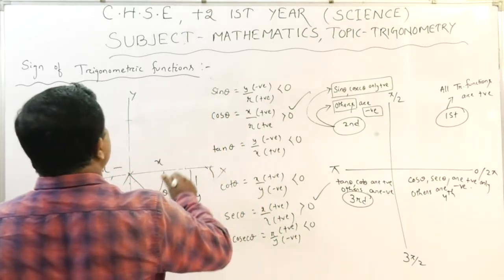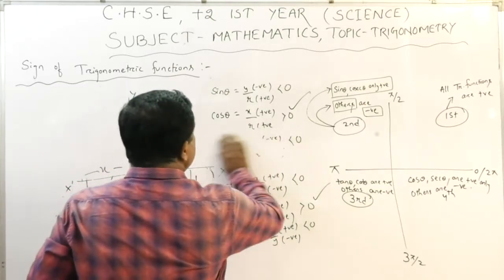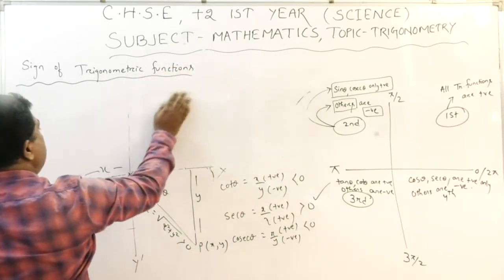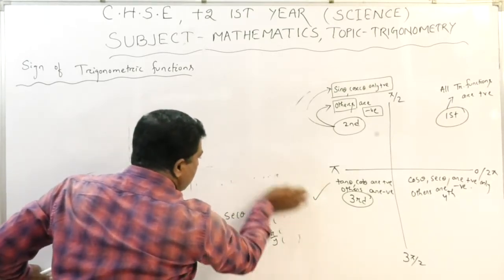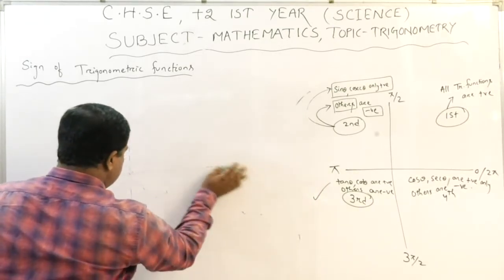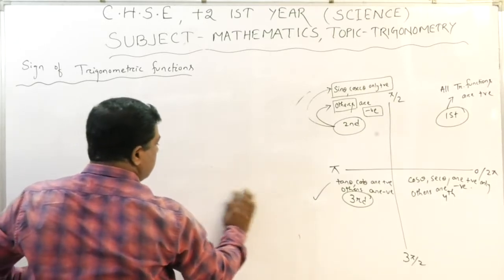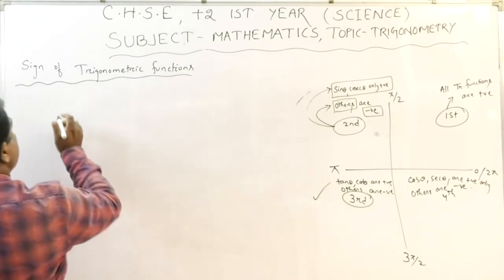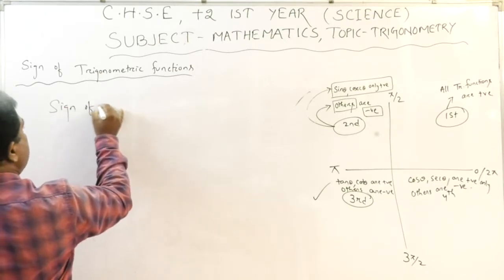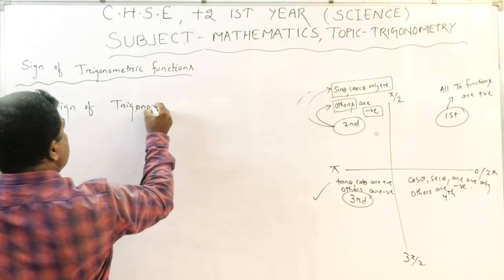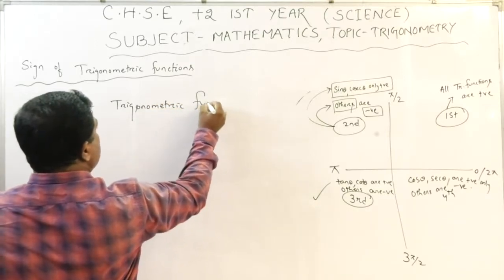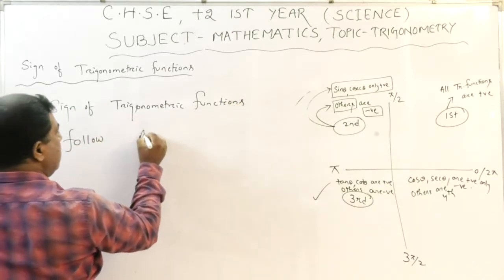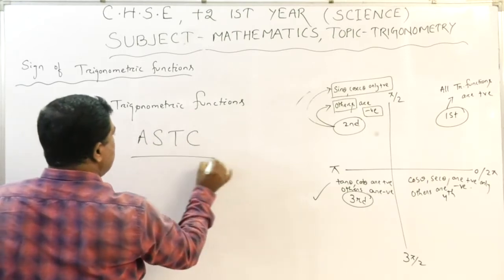So we can say the signs of trigonometric functions follow the ASTC rule.